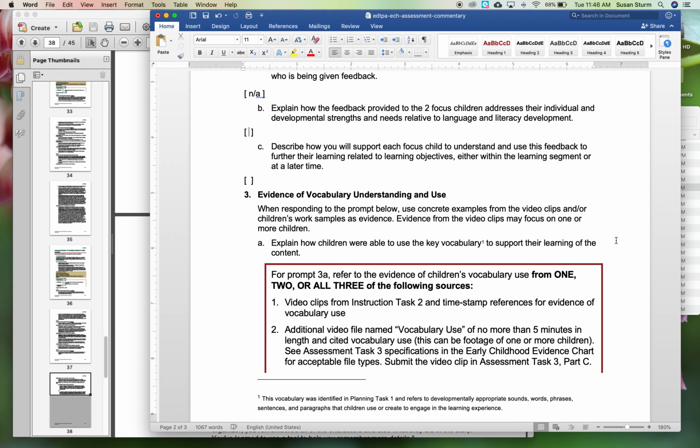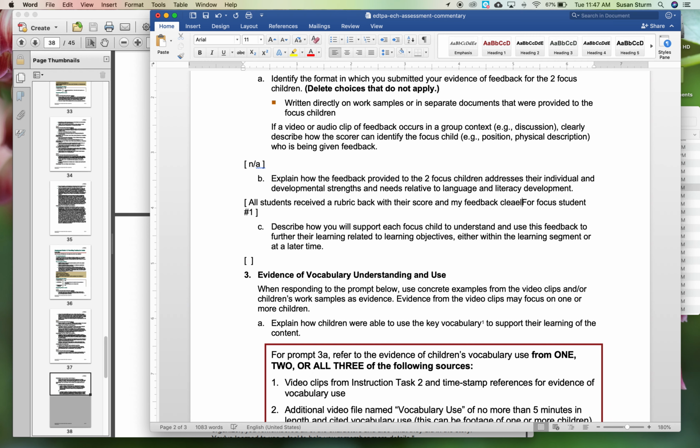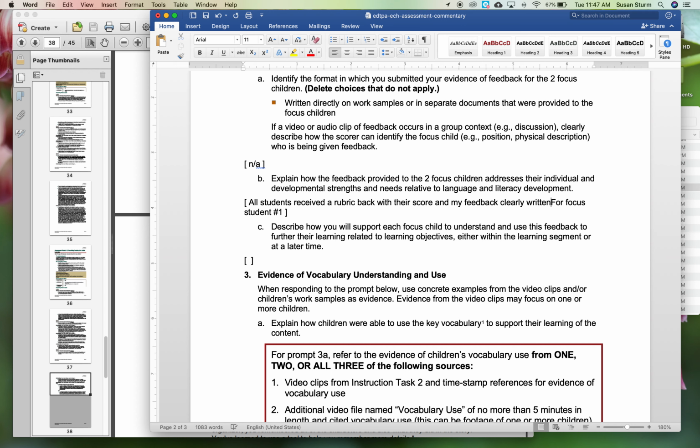Okay, so to structure this one, I would start like this. All students received a rubric back with their score and my feedback clearly written.